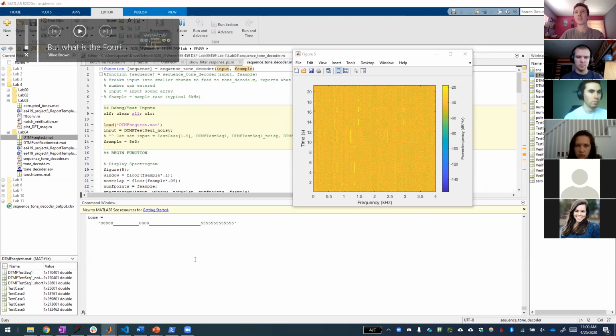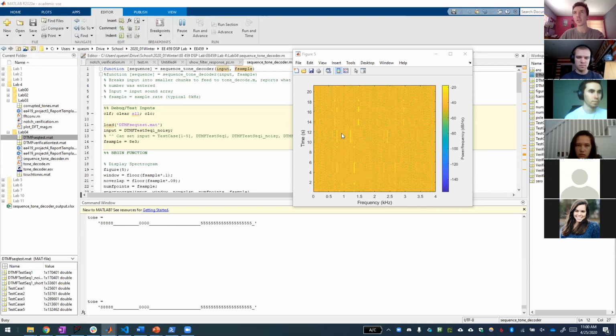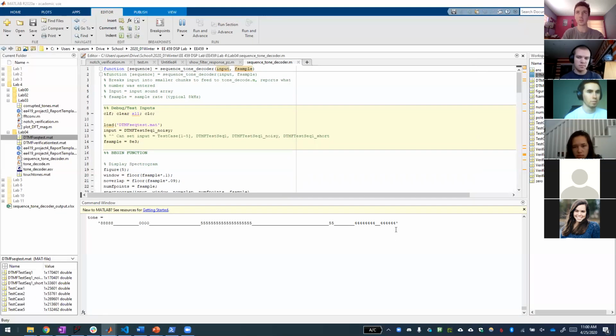But if you look at this spectrogram, it's really difficult to pick out what the actual notes are that are being played. And you can see it's running down here, actually picking out what tone is being played, and it looks pretty consistent.